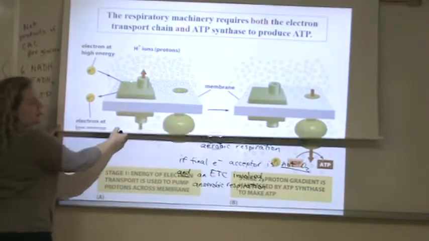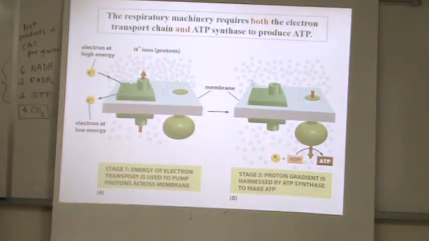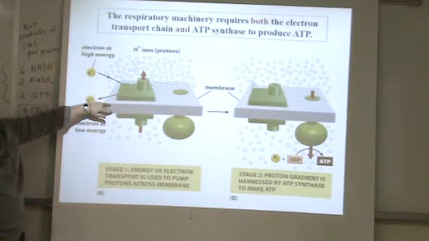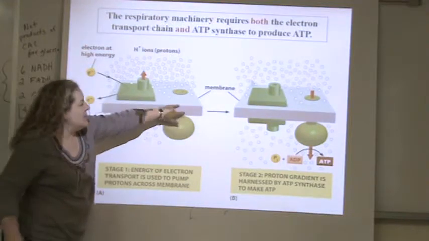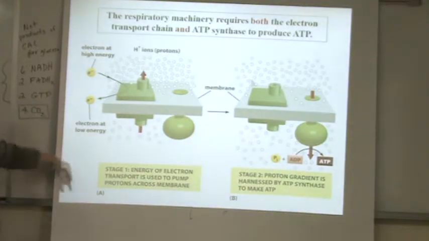So when we're talking about the respiratory machinery, we're going to be looking at certain proteins that are found in the inner mitochondrial membrane. This gray box is the inner mitochondrial membrane, if we're talking about where people do this.